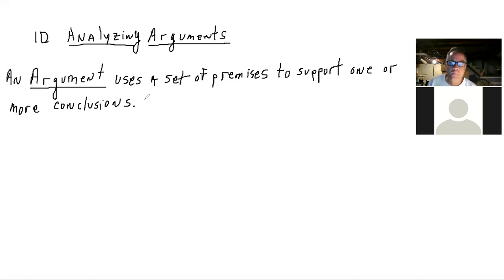Okay. So working definition here for what an argument is: a set of premises to support one or more conclusions.